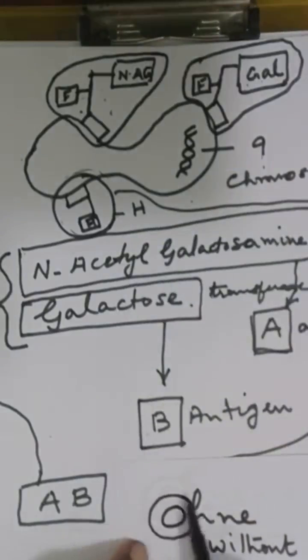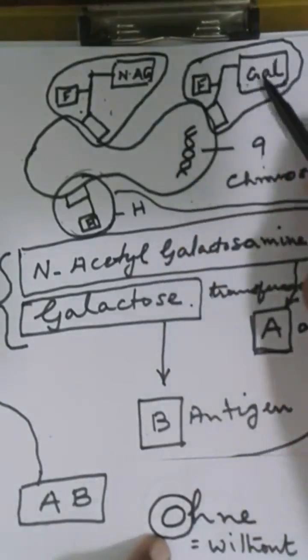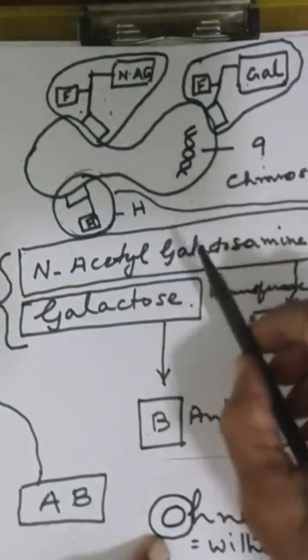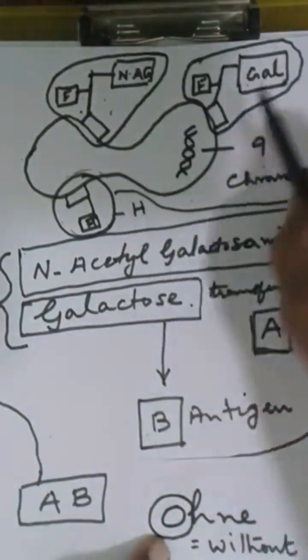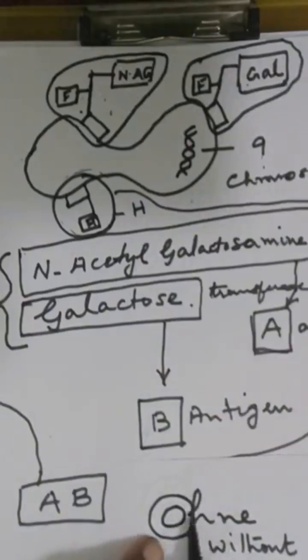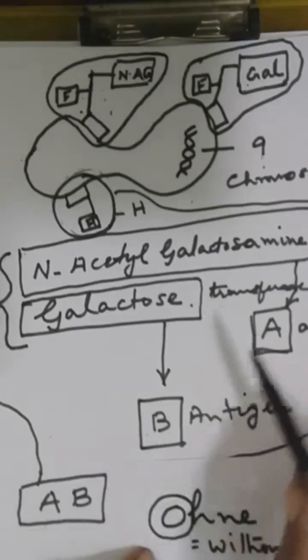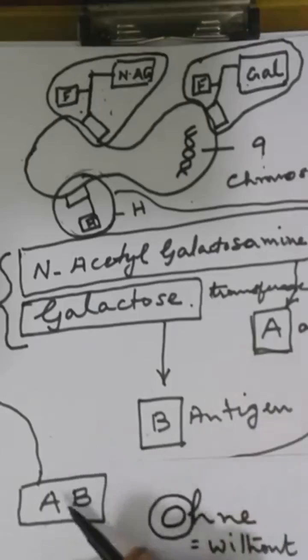So O group person means without NAG or without galactose, or we can say without A and without B. OHNE is the word from where O group came up. Not from zero, then from zero to O. It's not like that. So A, B, AB and O. Now I think everything is clear to you.